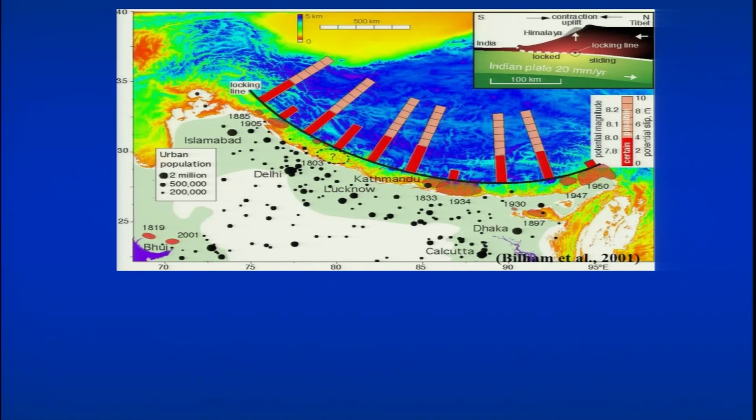For example, the energy was released in 1905, the energy was released in 1934, and the energy was released in 1950. So, this area will not trigger or host an earthquake in the near future, whereas the areas which are sitting in between these events are likely to trigger a large magnitude earthquake in the near future.